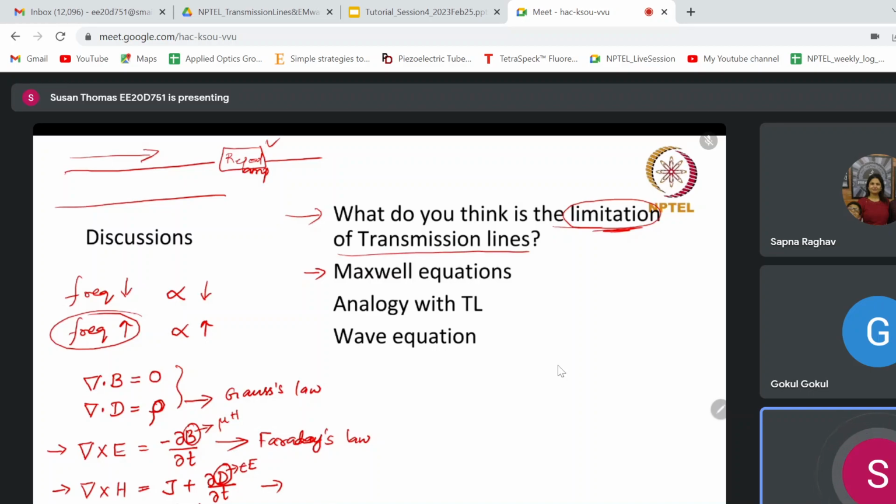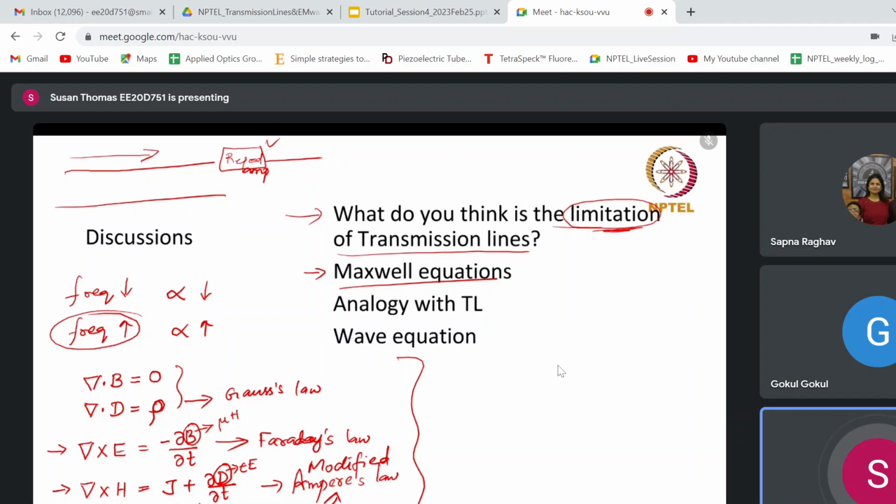Previously it was del cross H is equal to J alone, which was Ampere's law, but the dou D by dou T component was added by Maxwell. So you got the modified Ampere's law, and all these four equations are called the Maxwell equations because they were finally formulated altogether.